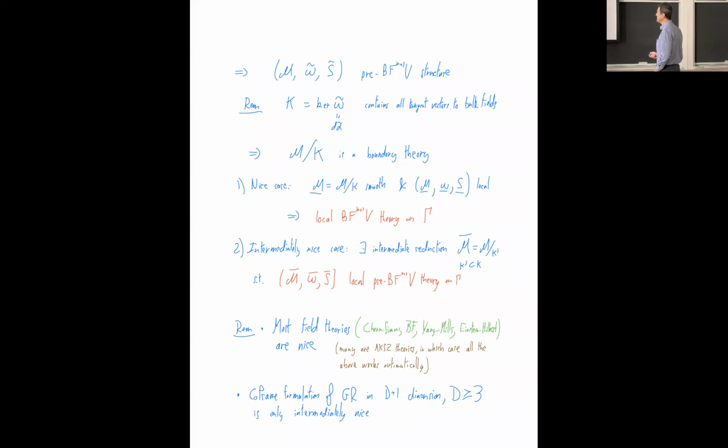And there is an intermediate nice case which we have to deal with because it appears in the example, where you can do some partial reduction, which has the good property that this partial reduction, and we call it M bar, is a space of fields. It's a space of boundary fields, so it's the good part. But the two form is still degenerate. Okay.